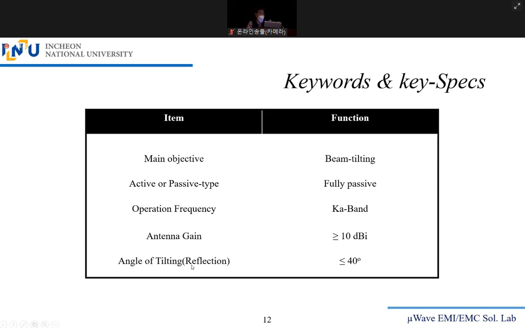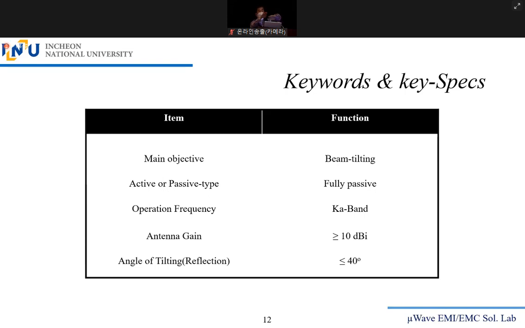An angle of tilting or angle of reflection. Until this time, the angle of reflection was just determined by the angle of incidence, right? This is a surface, this is the incident wave, and this is the reflection.